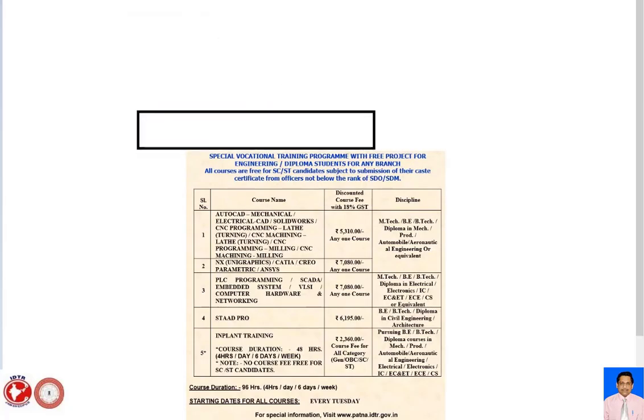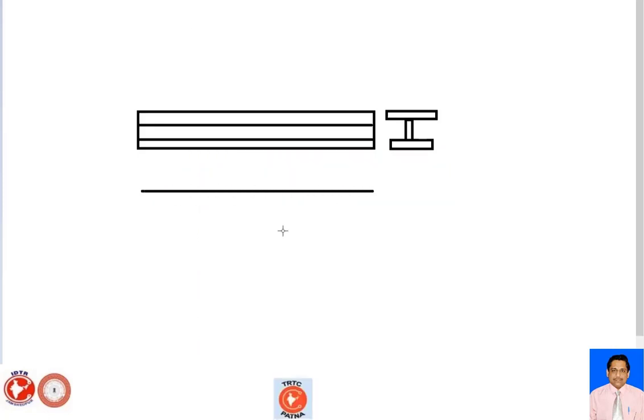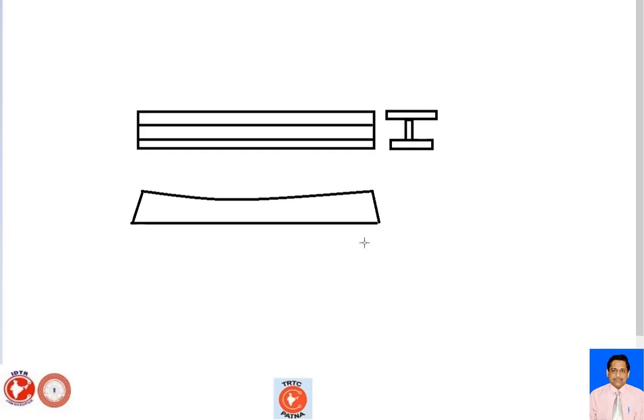Suppose this is your beam section and your moment shape looks like this, and the upper side is basically compression.